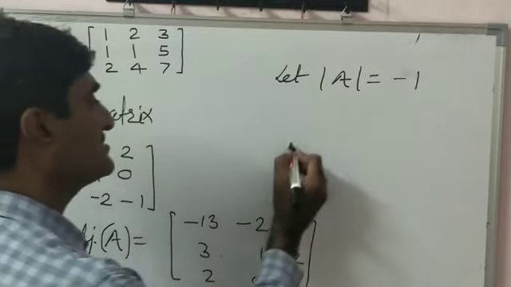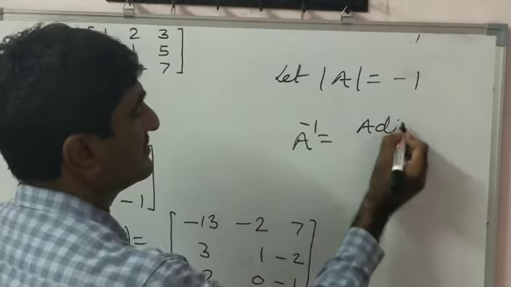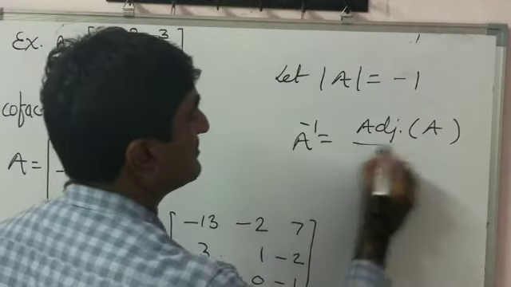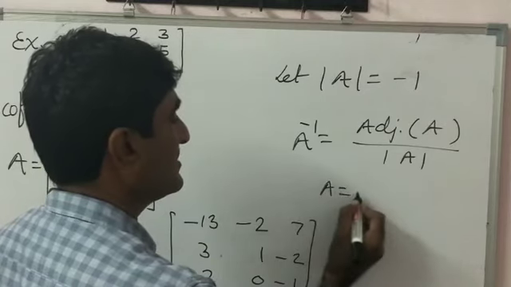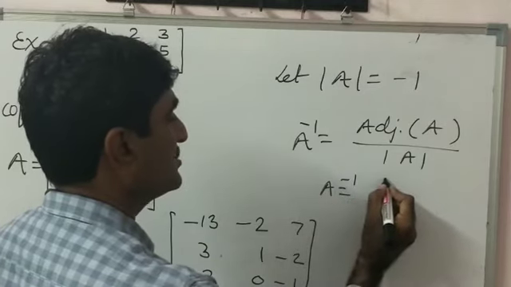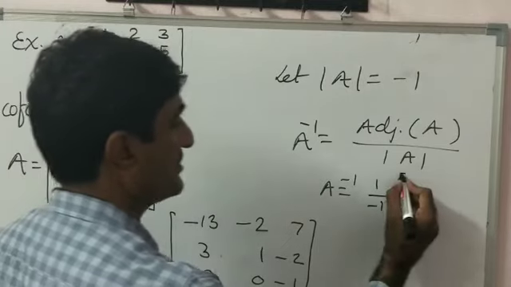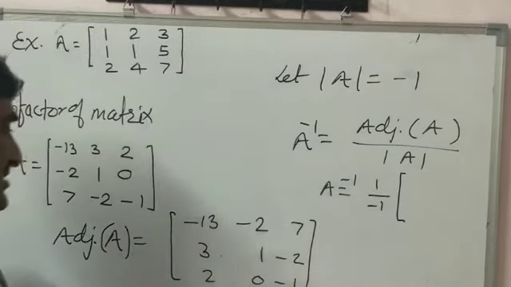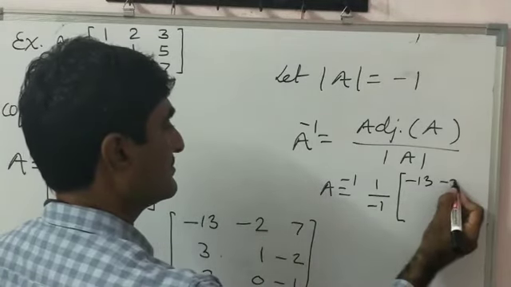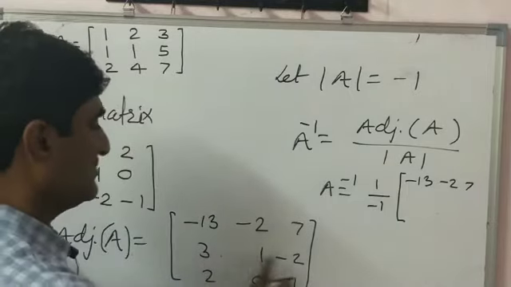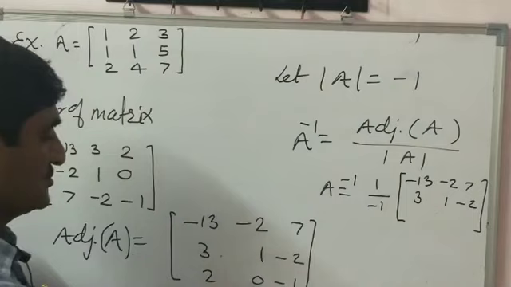We directly take this value. And now the inverse of the matrix: A inverse is equal to the adjoint of matrix A divided by the magnitude of A. That is, A inverse is equal to 1 upon minus 1 times the adjoint, where the adjoint matrix is minus 3, minus 2, 7, 3, 1, minus 2, 2, 0, minus 1.